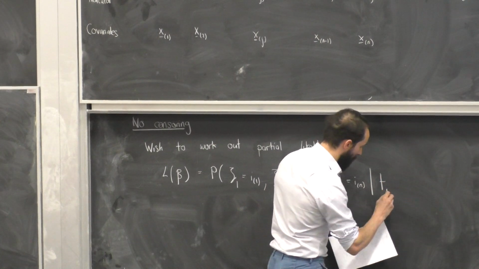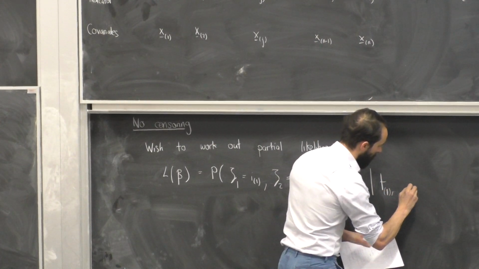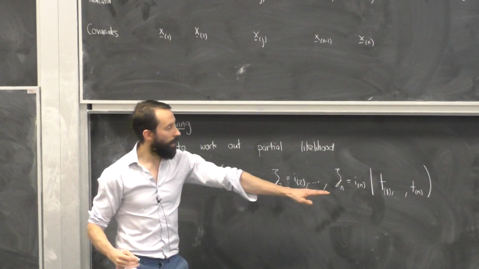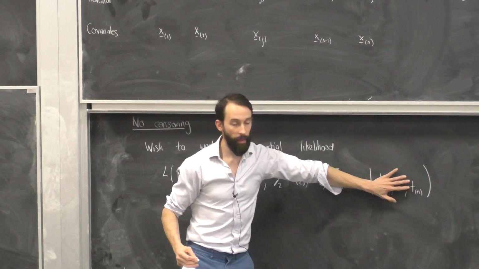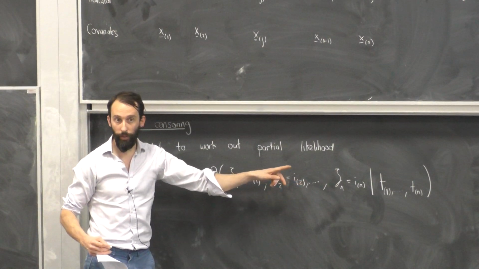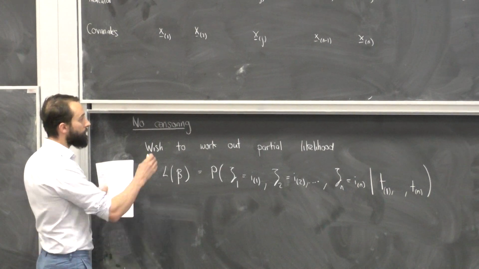And I'm going to condition on their actual failure times. So basically, I'm not really interested in that bit there. I'm just interested in saying what's the probability that I observed the failure order that I did.